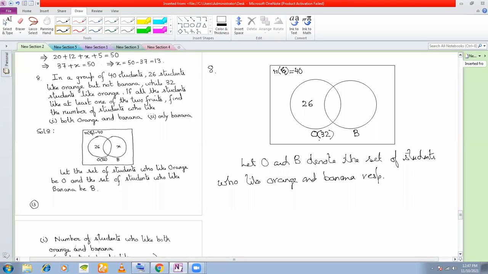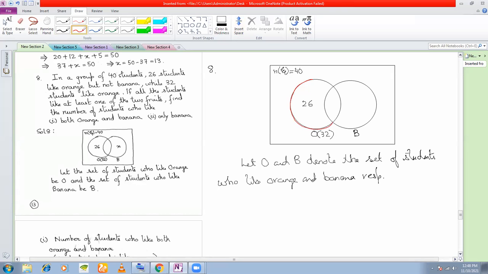Okay, so now from the Venn diagram, you see that 26 represents only this part of the circle.